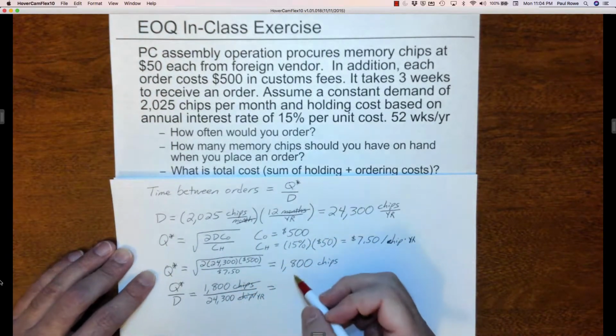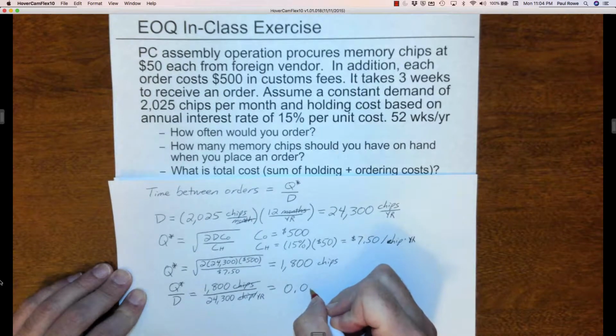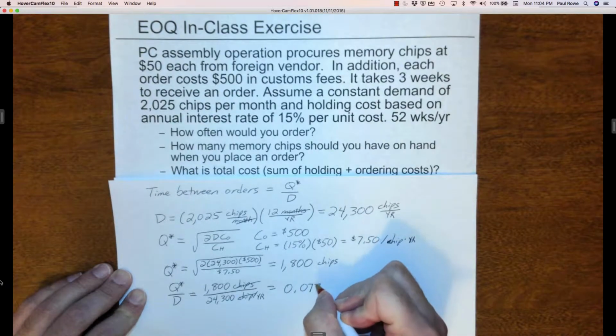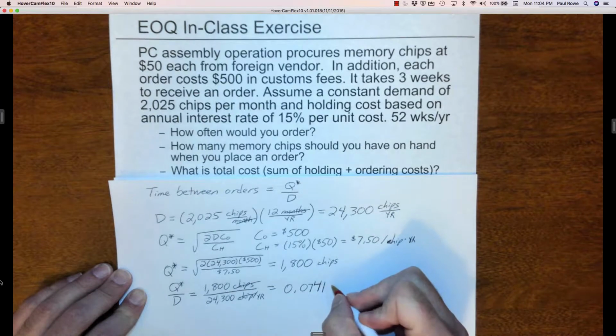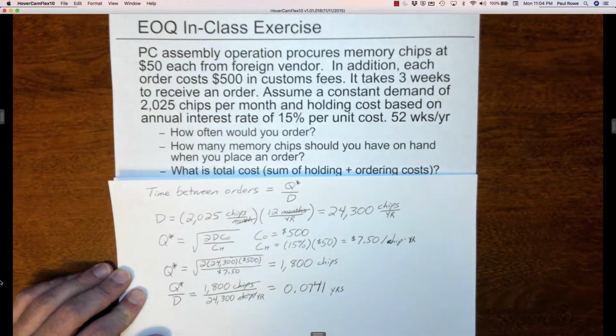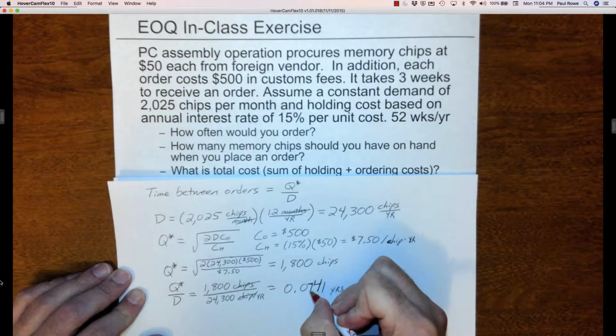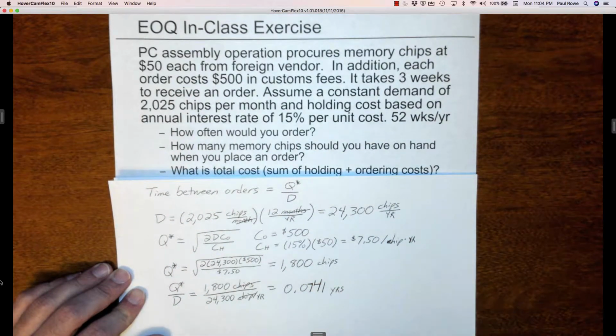So we can see that we will place an order every 0.0741 years.